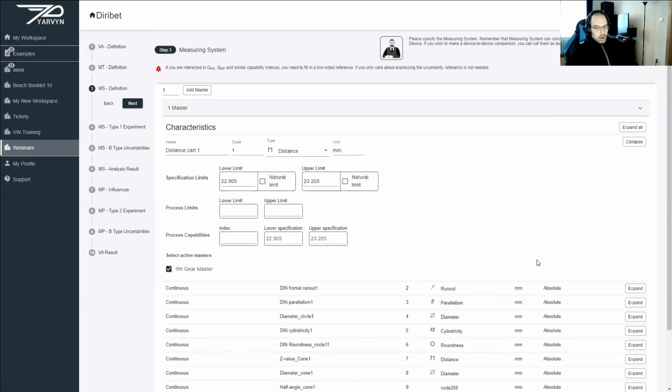If you are loading the data with DFQ files, the specification limits will be taken over with the nature limit, if it's in this case. Or if you want to use process capabilities or process limits, it has to be filled in manually, because it's something different, and we assume that you know what you are doing, so it's necessary to put it here manually.